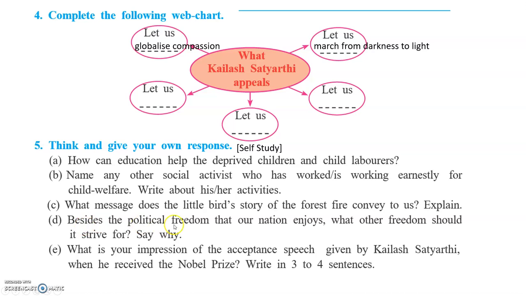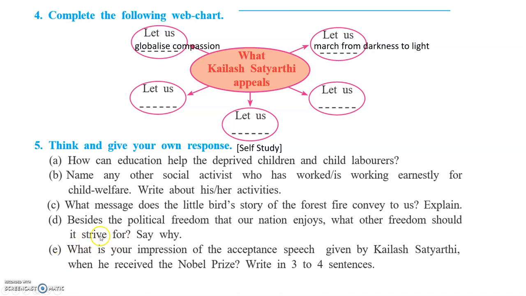Then, besides the political freedom that our nation enjoys, what other freedom should it strive for? And say why. Now, we know about political freedom, the freedom to vote, the freedom of movement, all this we know. But what kind of freedom should we strive for? What should we work for? You can talk about social freedom.